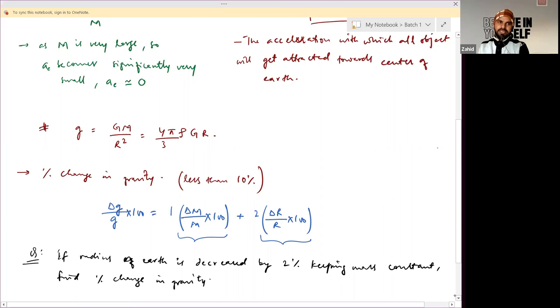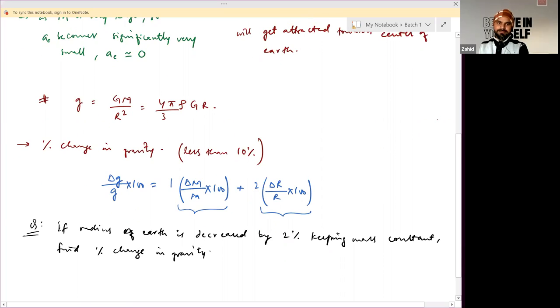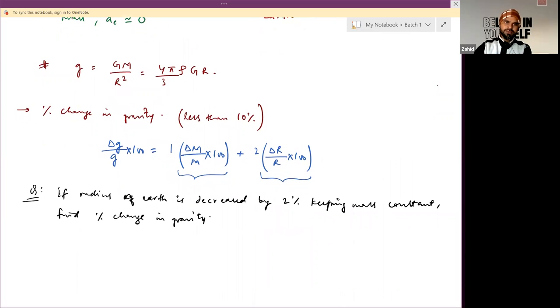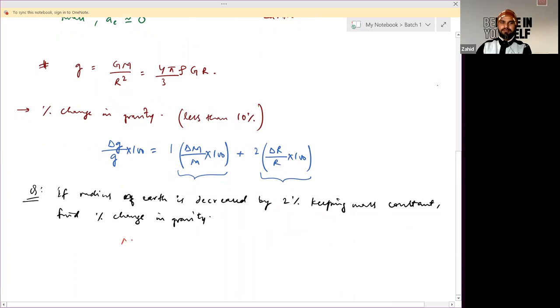So according to the above relation, we can write delta g by g into 100 equals delta M divided by M into 100, which is percentage change in mass, plus 2 times delta r divided by r into 100.